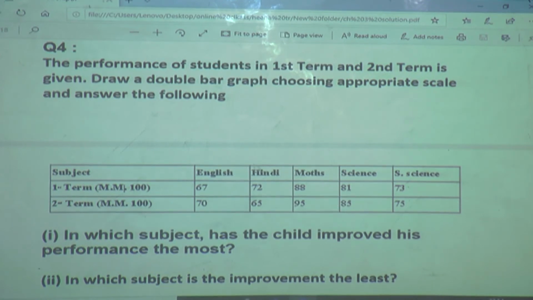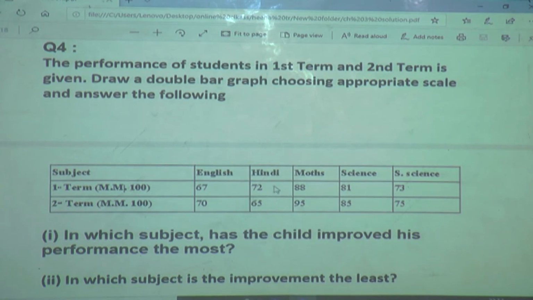The subjects should be on the x-axis, and the marks secured by the student should be on the y-axis. We are going to choose an appropriate scale. Here the marks are very similar or nearby, so you should be able to find the difference very clearly.